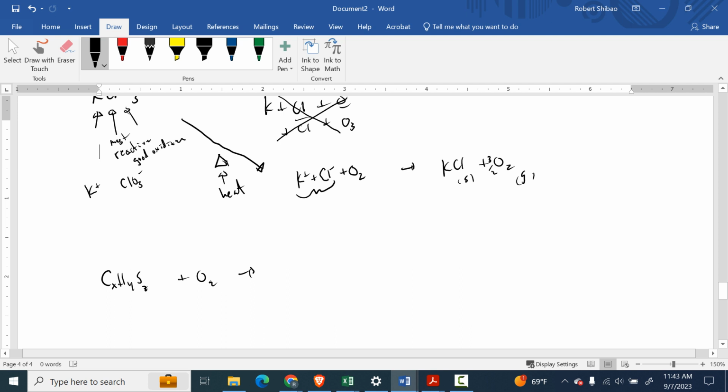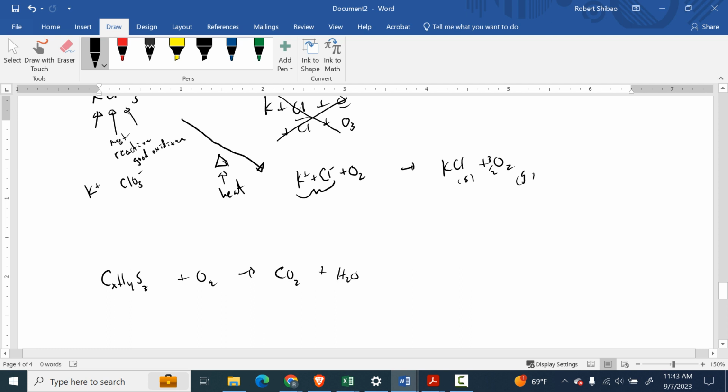How did we figure that out? We just figure that if there's enough oxygen, we're just going to completely oxidize it. Then the hydrogen, H plus, normally goes to water if there's plenty of oxygen.